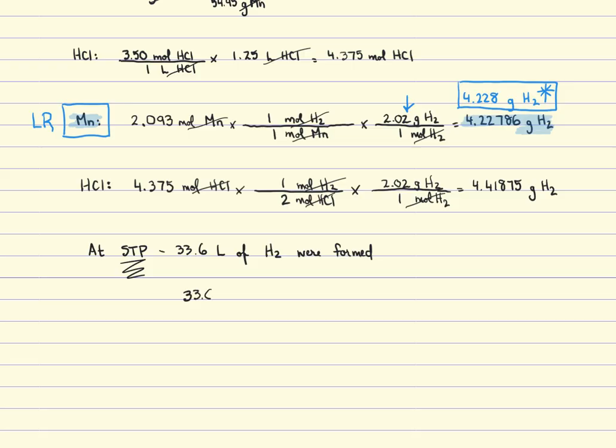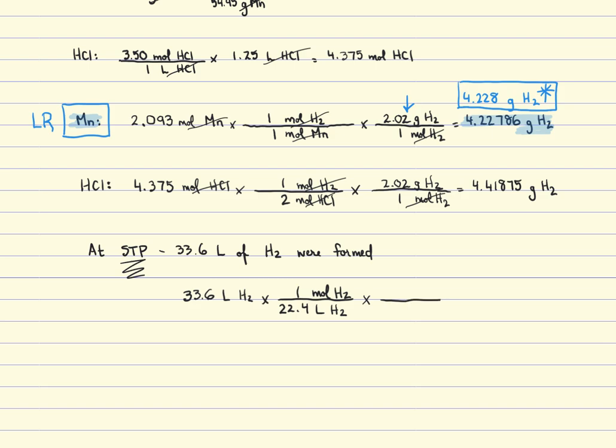So we've got 33.6 liters of hydrogen gas, and we know that at STP, we're using our dimensional analysis, the volume of a gas at STP, any gas at STP, is 22.4 liters in 1 mole.